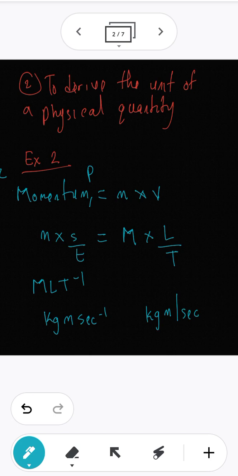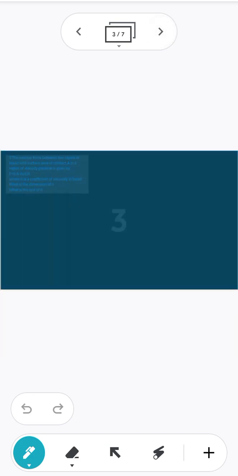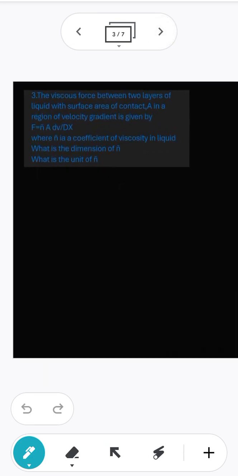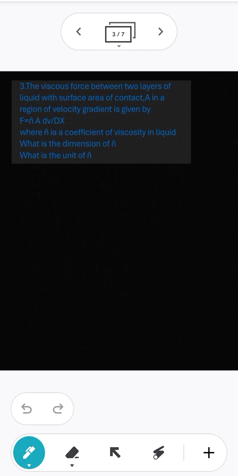So we go to the next question to better understand how we can use it to derive units. Now this is a bit long, but we're going to solve it.